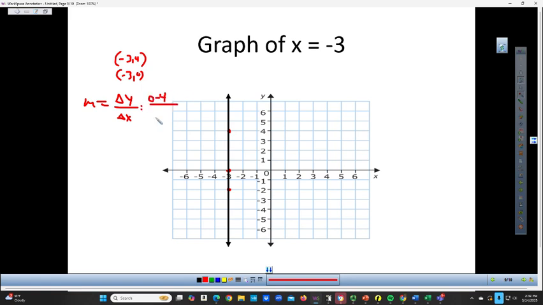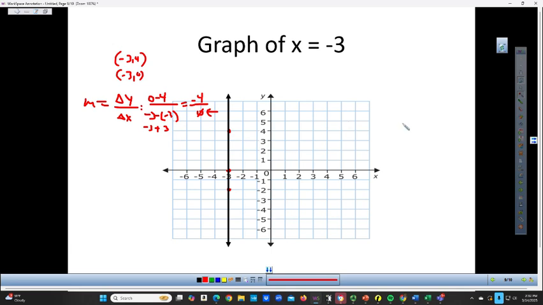And if we give our x values, -3 minus a -3, we're going to get -4 up top. But this becomes plus because of our double negation. This becomes -3 plus 3. Well, that's going to give us 0. And we know we can never have 0 in the denominator of a fraction. So that's why vertical lines have an undefined slope.